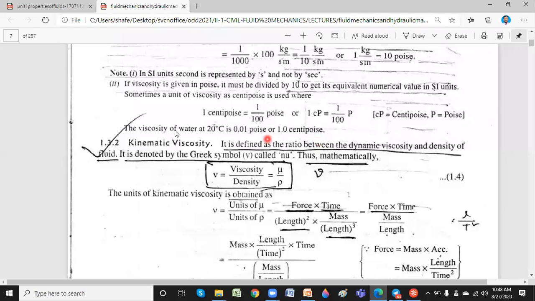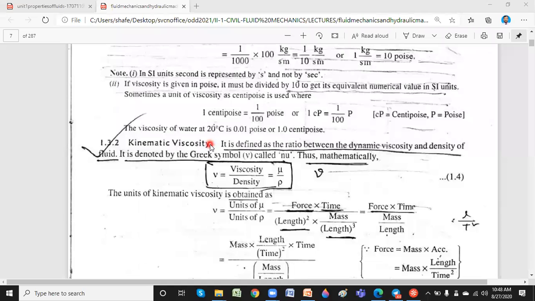Okay, right? So the viscosity of water at 20 degrees centigrade. Why temperature is given, we will discuss in detail after this discussion, because temperature plays a very important role in the viscosity of fluids or liquids, particularly water or any other liquid. So viscosity depends upon the temperature.